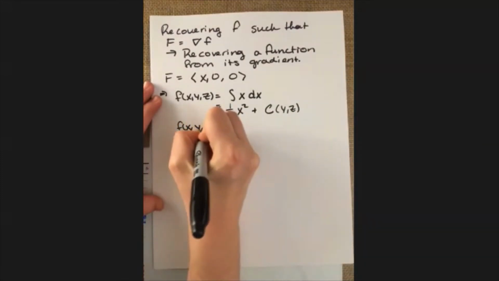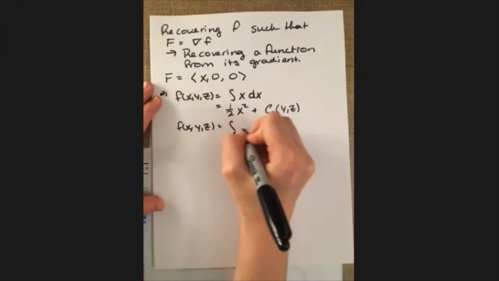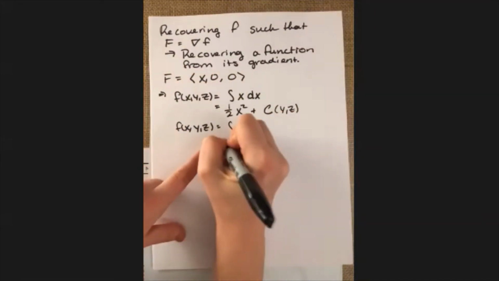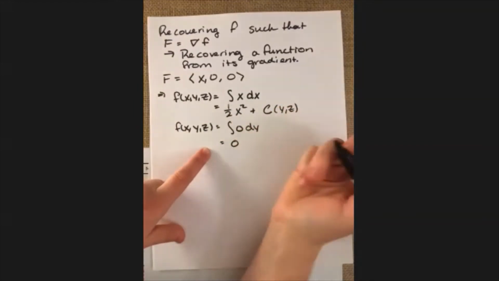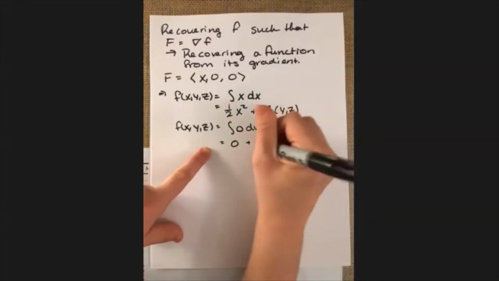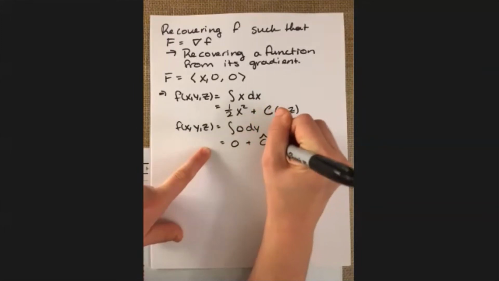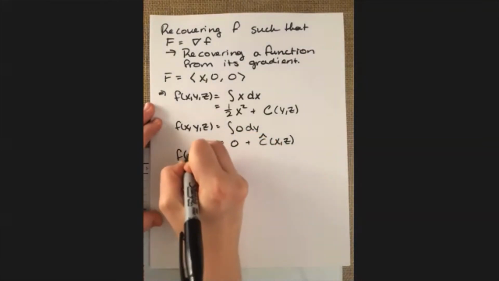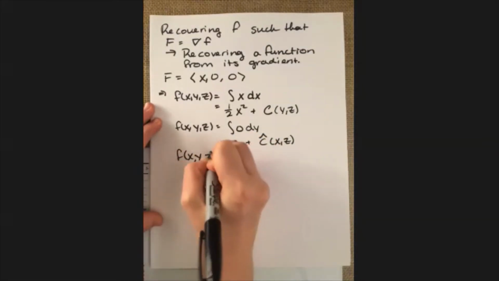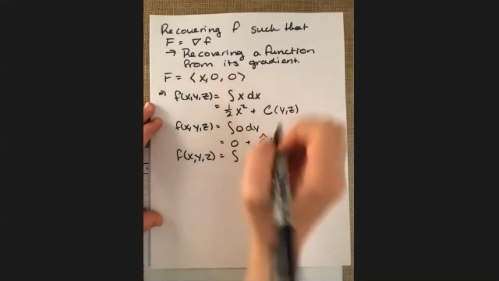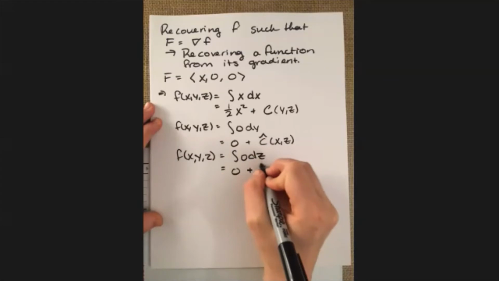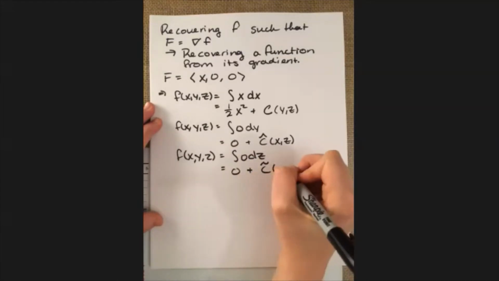I can also use my other two components to get information about f and take the integral of f_y with respect to y. And that's just going to be equal to 0, because when you integrate 0, you just get 0 back, and then plus some unknown function in terms of x and z. And then the integral of 0 here, so we're going to get 0 plus some unknown function in terms of x and y.